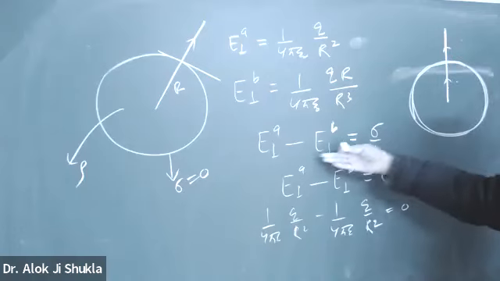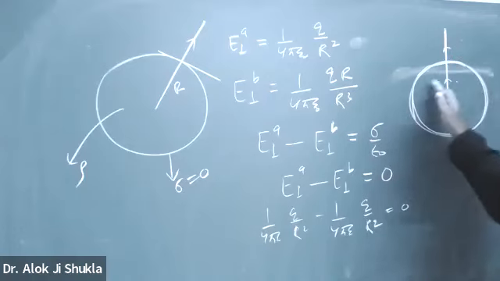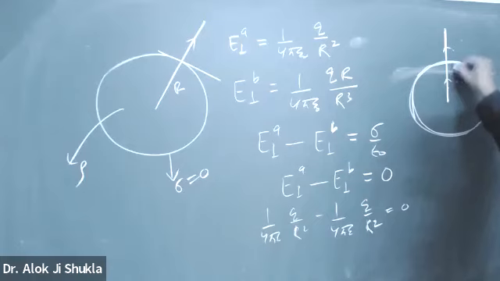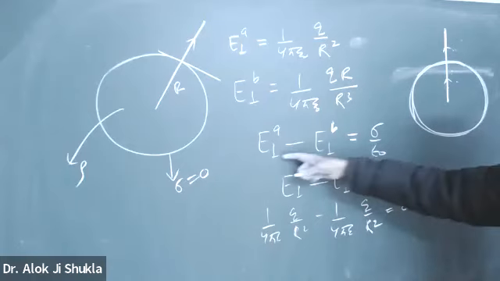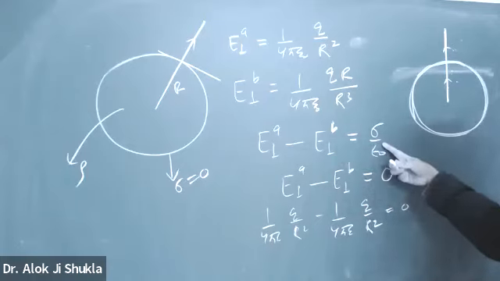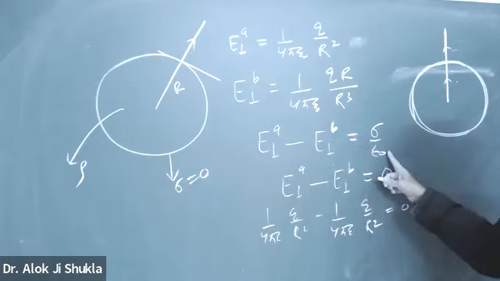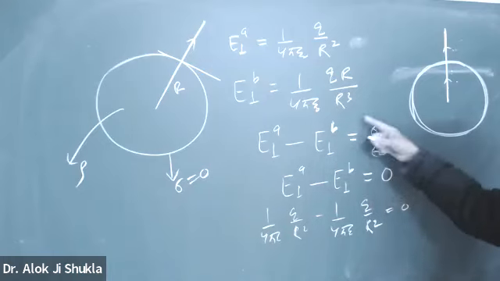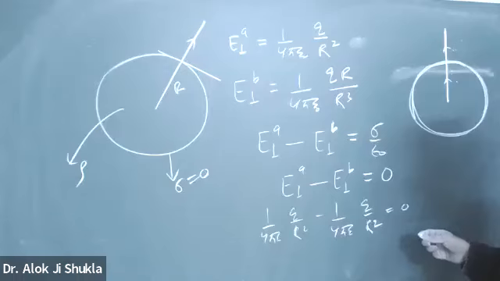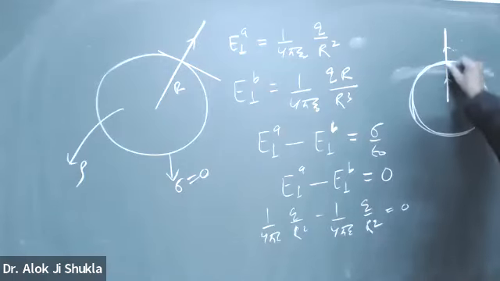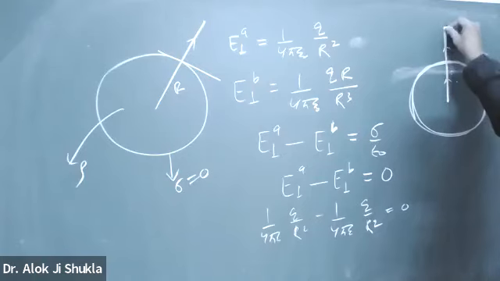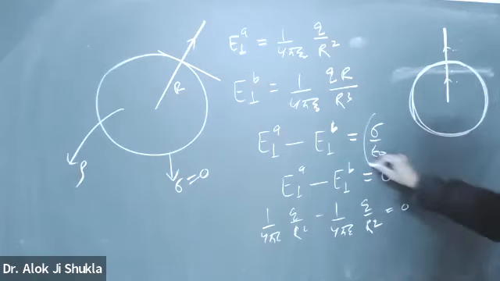So when I am saying that there is a discontinuity of electric field when you move from here to here, suppose this perpendicular component was 0 everywhere, that means it was continuous. That means E perpendicular above was equal to E perpendicular below. But when I am saying there is a discontinuity, it means the value here is something different and the value here is something different, and that difference is given by this.